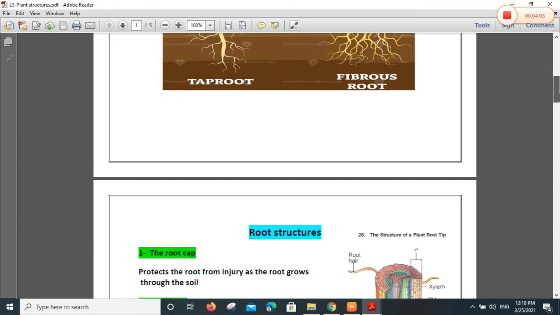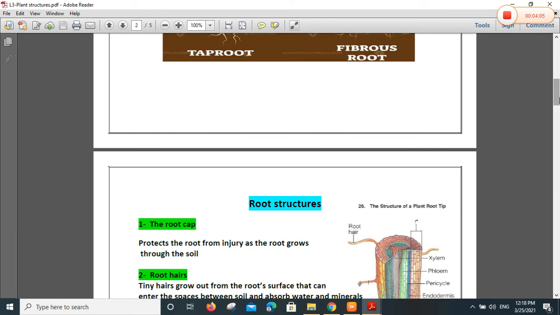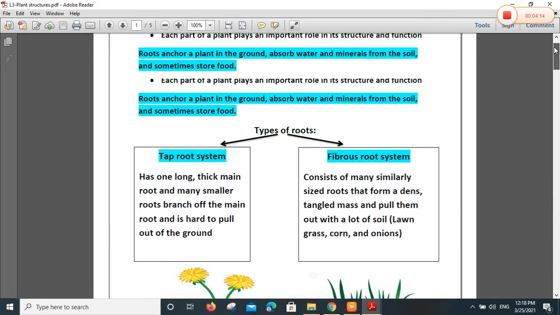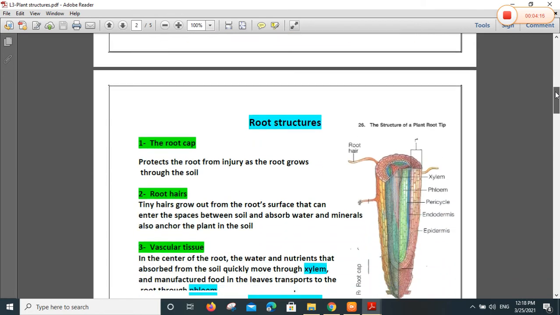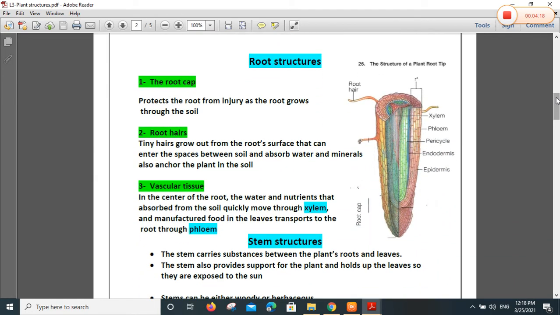Move to the structure of the root. When I speak about root structures, I mean taproot. Look at the structure of taproot. Three main parts form the root structure.